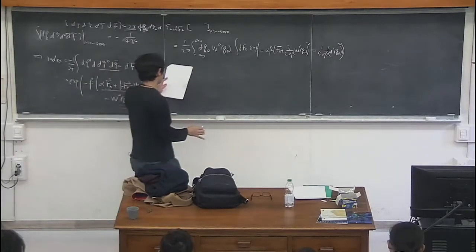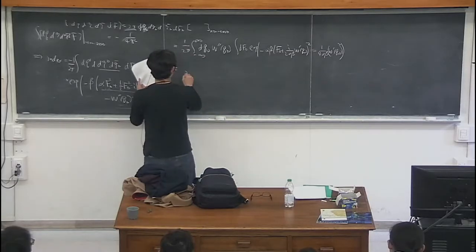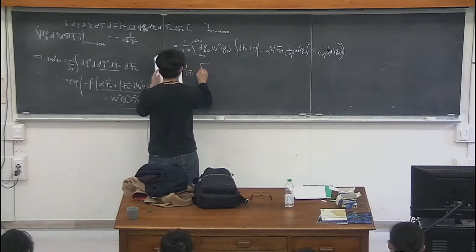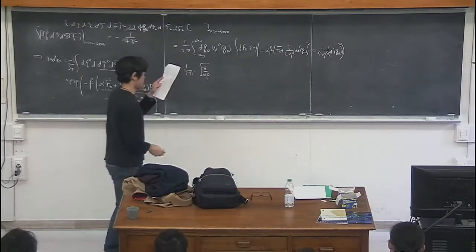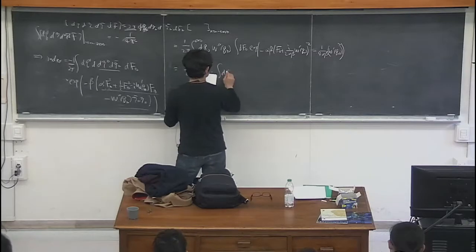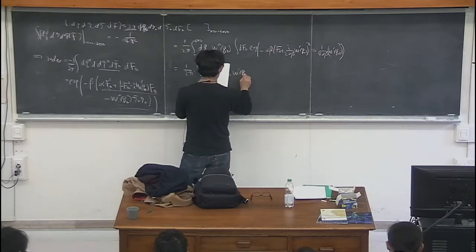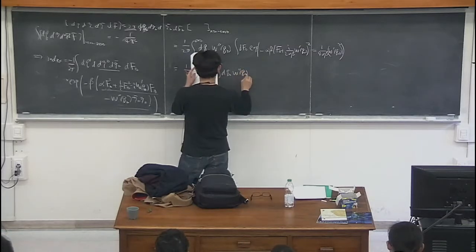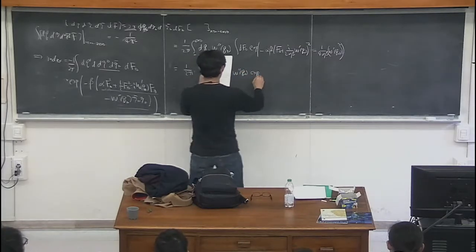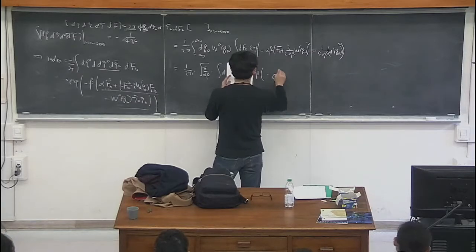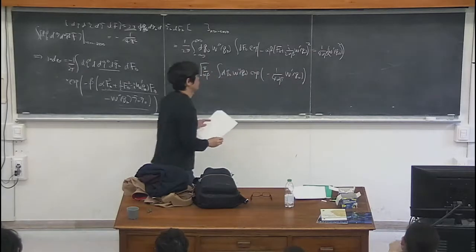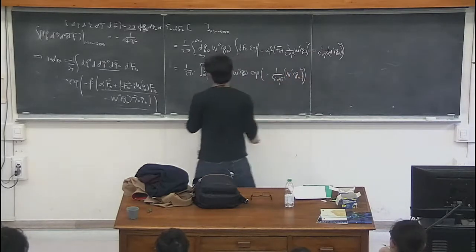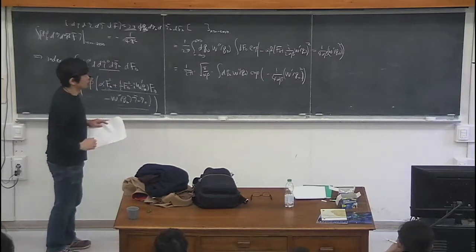Anyway, this gives 1/2 pi times pi over alpha beta from this Gaussian integration, times exponential alpha beta over squared, times this one. This is trivial, just a Gaussian integration.